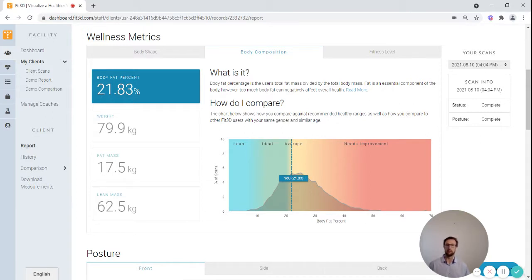From what we've seen in the research on BIA or electrical current machines, in the real world outside of a lab where they're controlling everything, you can see variation up to about 10%. So if their body fat was 20%, the next day it might show them at 30% or at 10%, which is a huge variability.